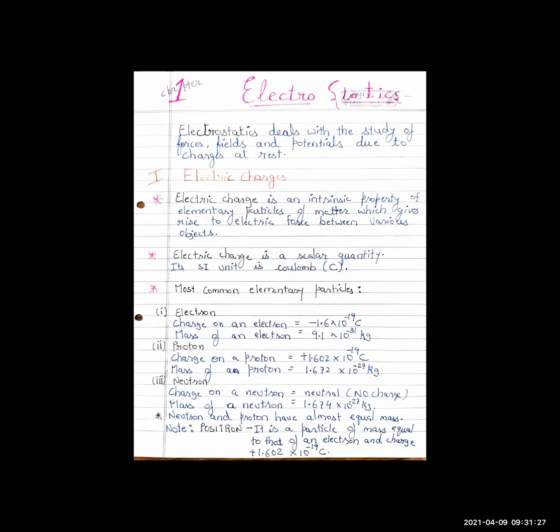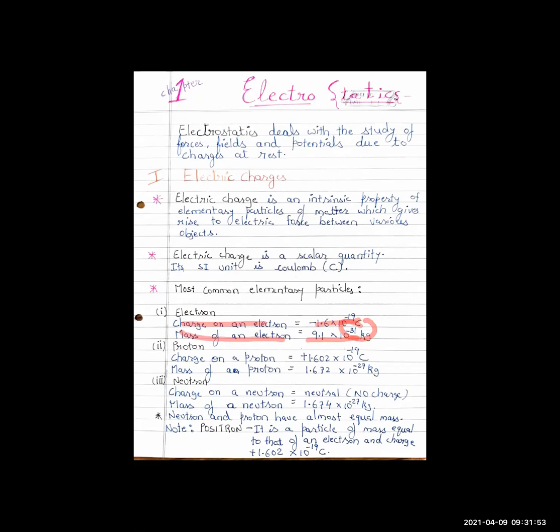Let's talk about their charge and mass. Charge on an electron is minus, because electrons are negatively charged, minus 1.6 into 10 to the power minus 19 coulomb. Mass of electron is very, very less, and that is 9.1 into 10 to the power minus 31 kg.